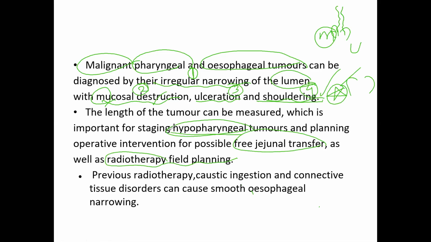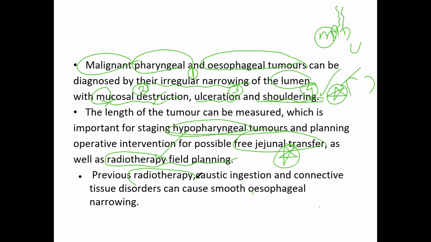In hypopharyngeal tumors, which include the pyriform fossa, post-cricoid region and posterior pharyngeal wall, you have to go for free jejunal transfer. It is one of the surgeries that is done, and you will be doing radiotherapy also for field planning.